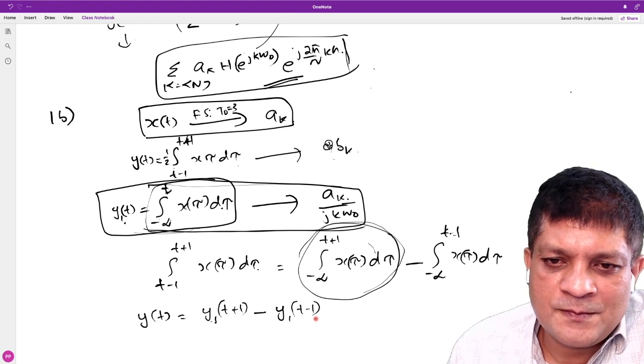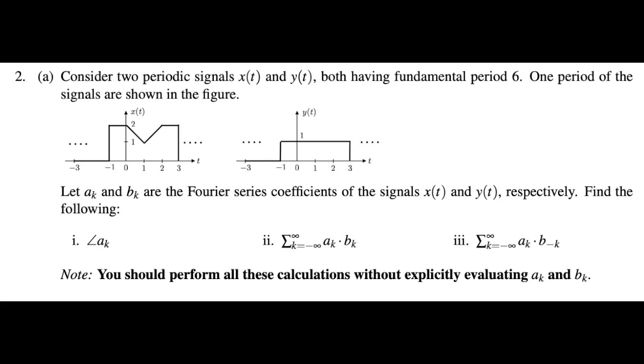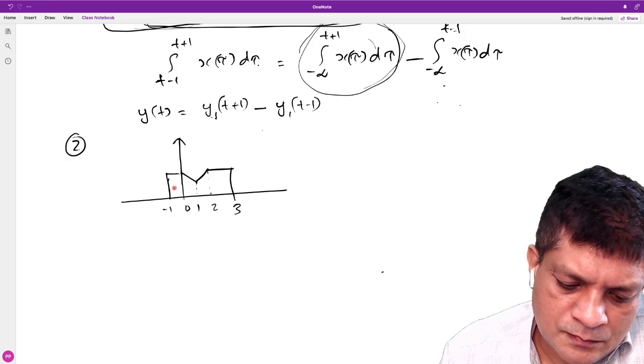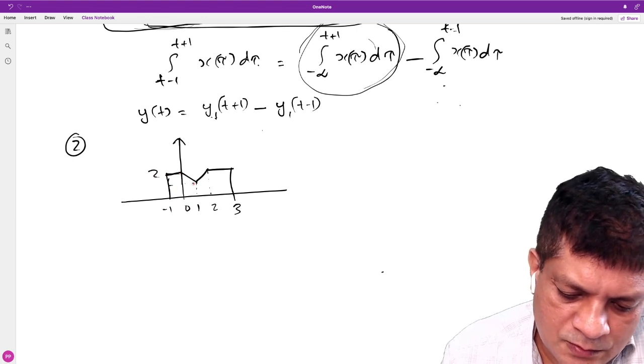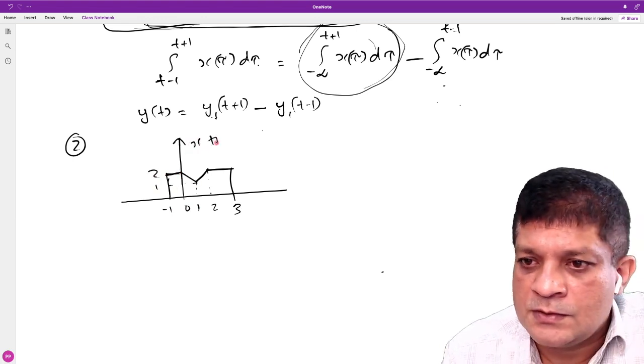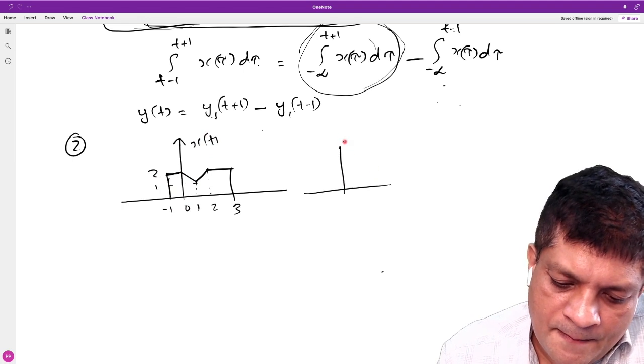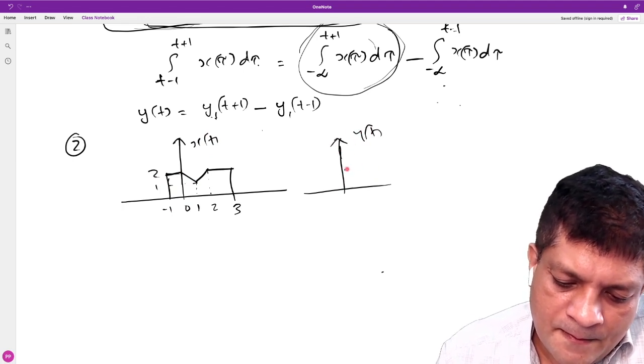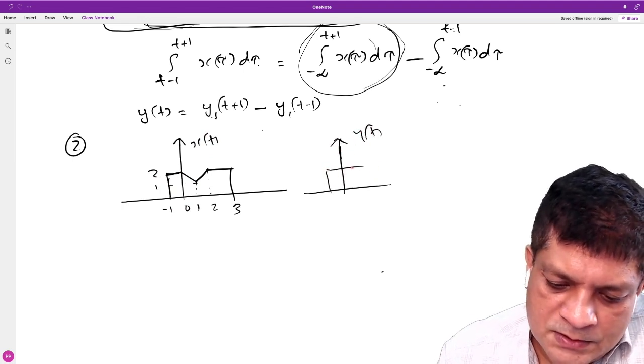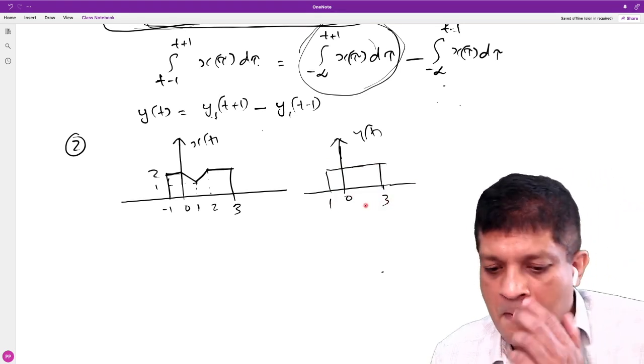This is 2, this is 1, this is the signal x(t). This is the signal y(t). 0, 1, 3.